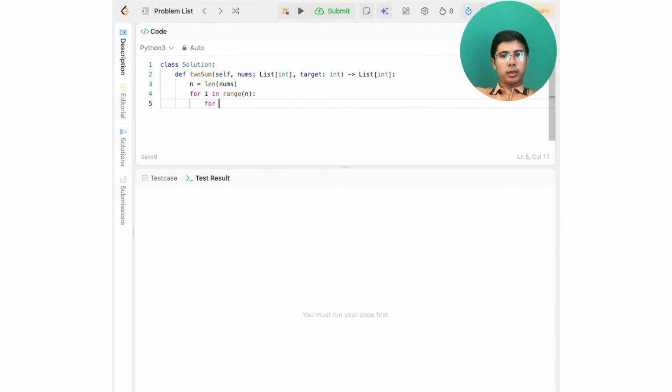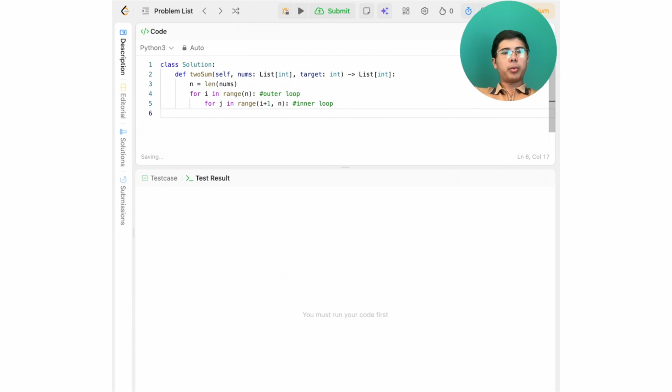And again, we can write for j in range again, starting from i plus 1, as we see. That's the first element, and the last range is n, which we can call our inner loop. This is the outer loop. So what's the difference between them?